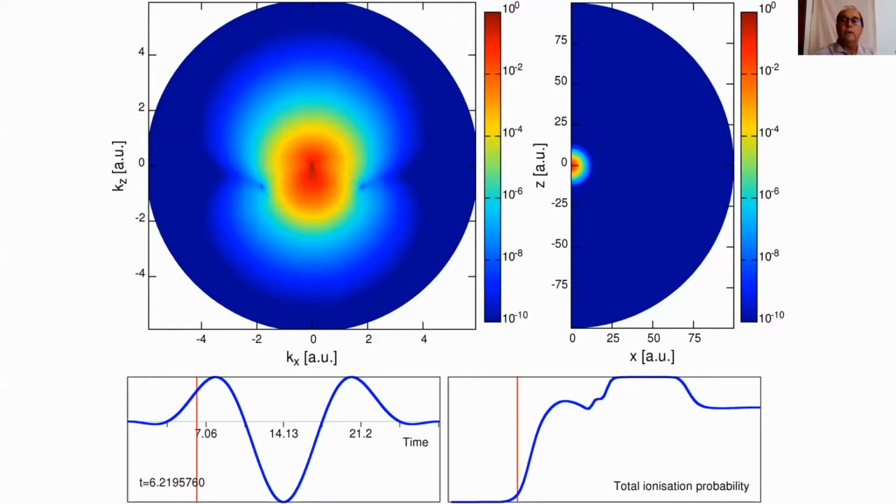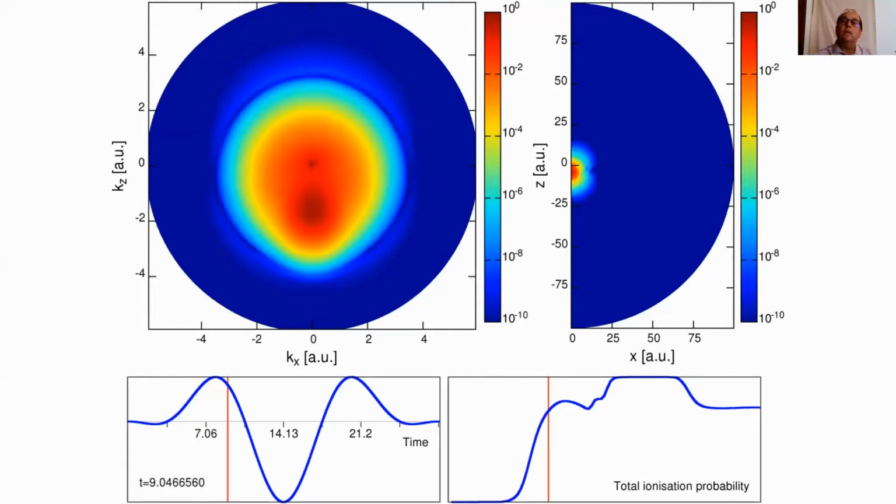If we go further, when the electric field is more intense, this dipole-like character disappears, and the electron cloud moves downwards, both in momentum and coordinate space.